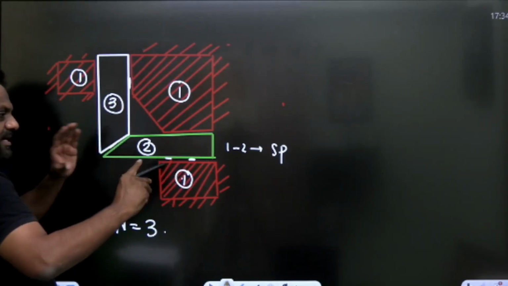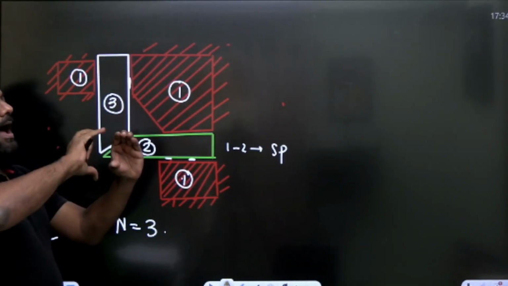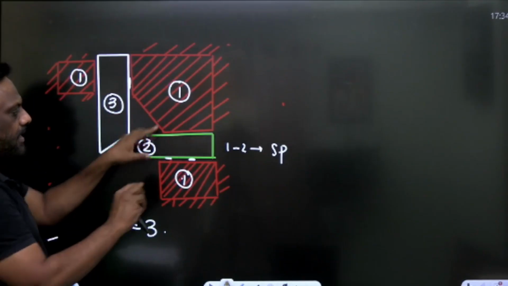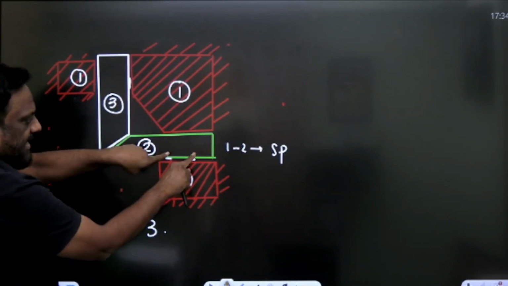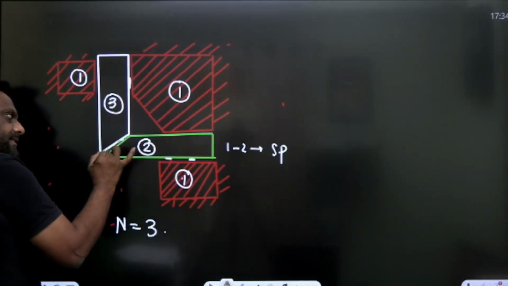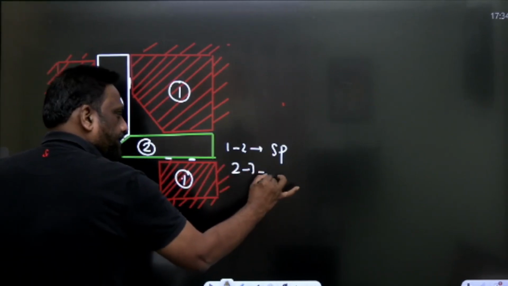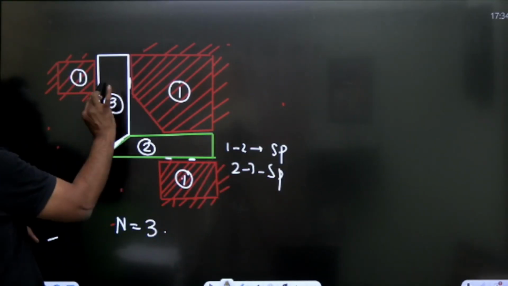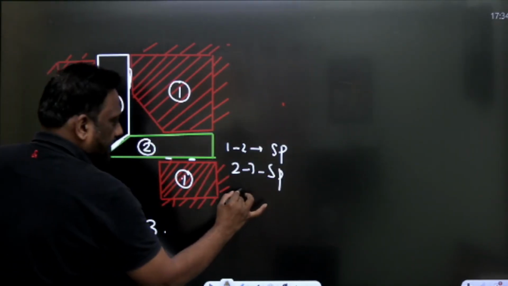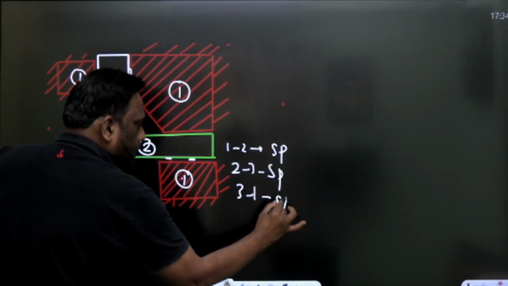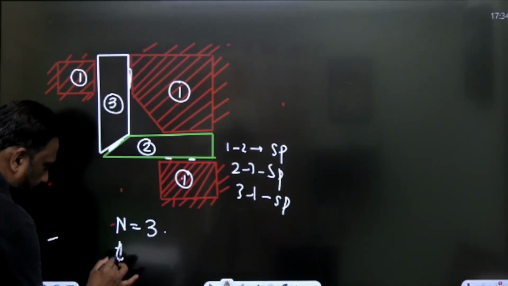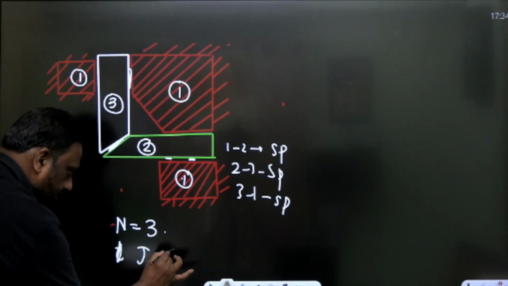No, it's a complete system. This is link 1 and in that link it is sliding. So this is link 1, this is link 2, there is a sliding pair. Between 2 and 3 there is a sliding pair. And 3 and 1, there is a sliding pair. So the total number of sliding pairs is 3.